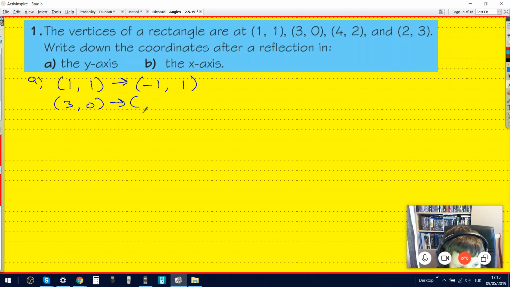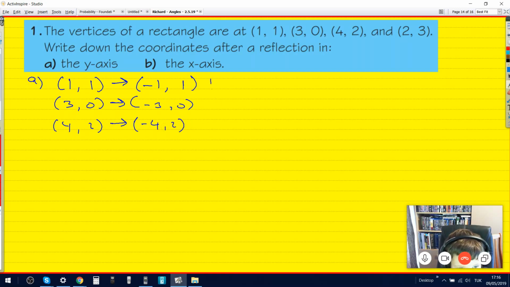I think it would become -3, 0. How about the next one, 4, 2? That would be -4, 2.